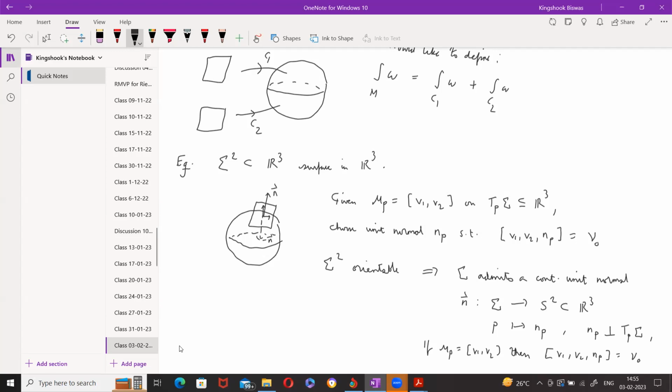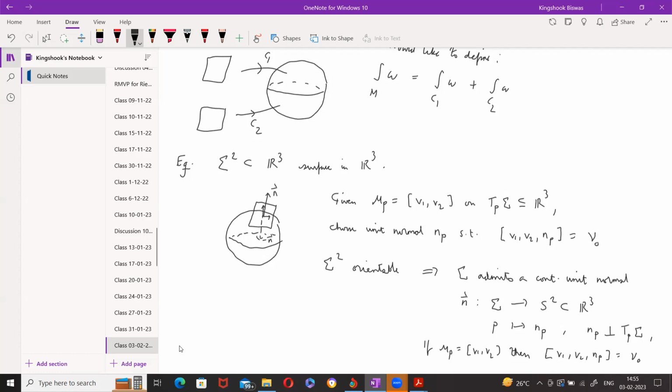So NP is uniquely determined by these two conditions, right? It's a unit vector which is orthogonal to the tangent space. And when I add it to a basis which gives the orientation of the tangent space, then I get the standard orientation on R3. Is this clear?